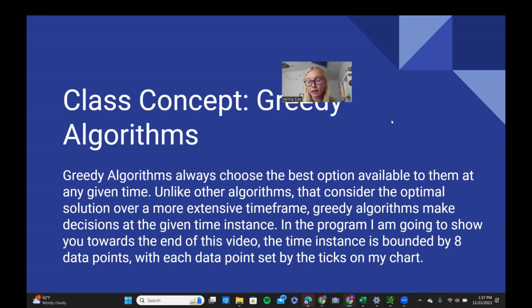So that means that my greedy algorithm is going to be making its choices based off of the last 8 minutes. Basically, if my low 8 minutes ago is higher than my current low, I'm going to buy.